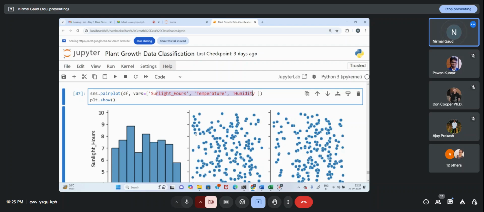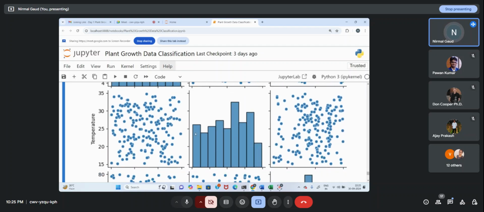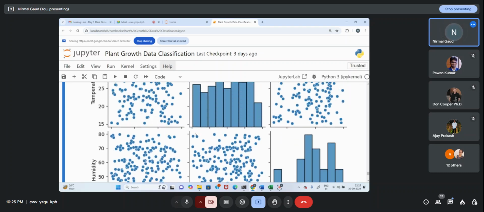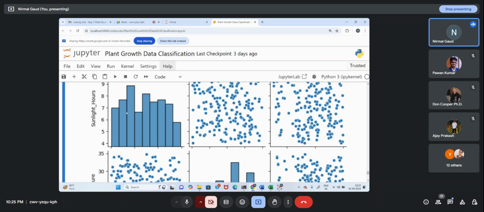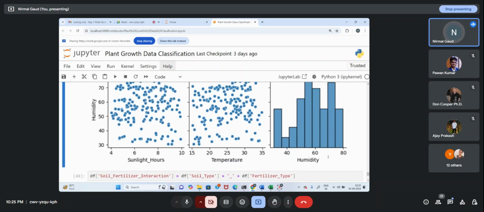For a pair plot, you have to take the continuous features. And the entire plot will be made in pairs. So here you will be having the histogram in the diagonal. And you can see humidity versus sunlight scatter plot, humidity versus temperature scatter plot.